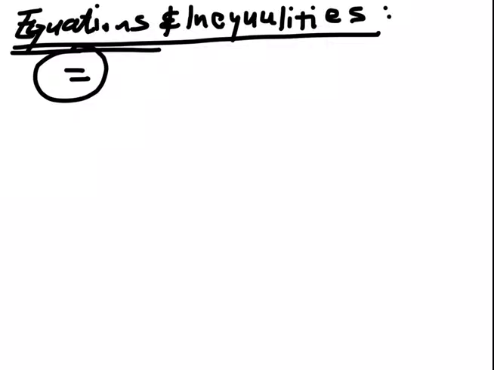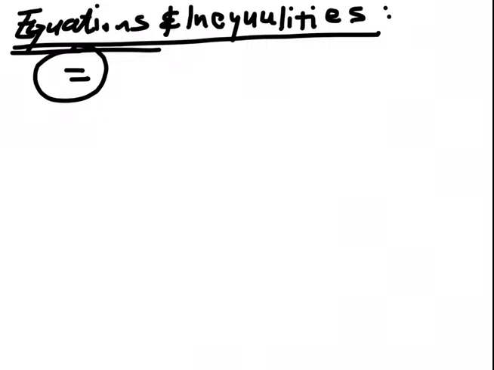What are inequalities? It's either you've got something which is equal or not equal. Just interpret it in that way: we've got equations where the left is equal to the right hand side, and inequalities are the opposite, which means we will be looking at the left hand side not being equal to the right hand side.